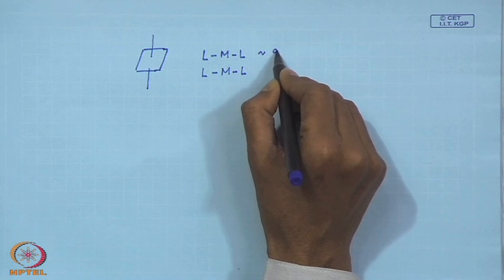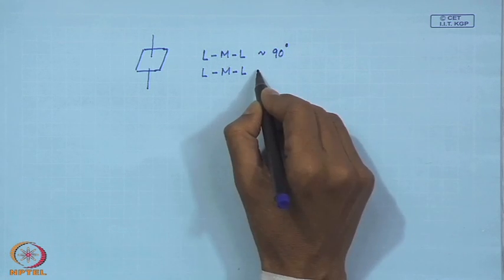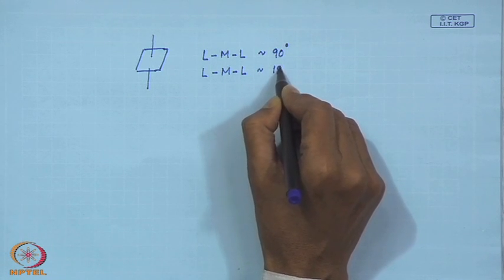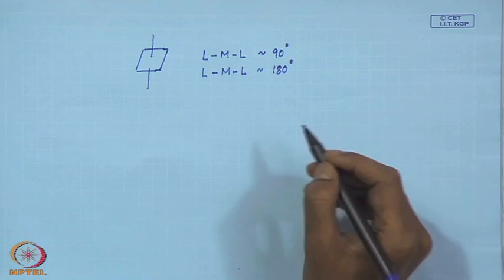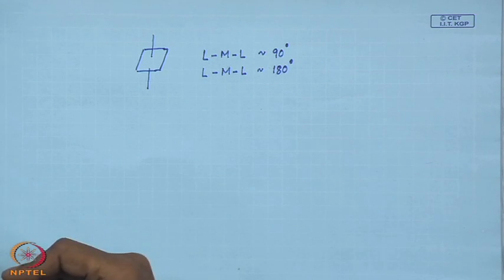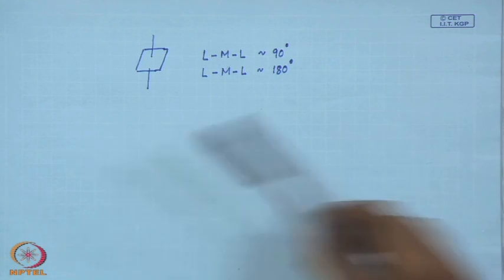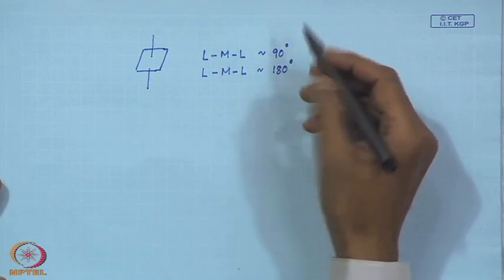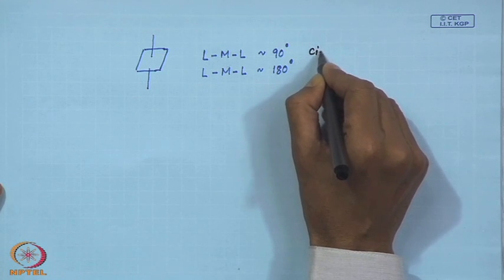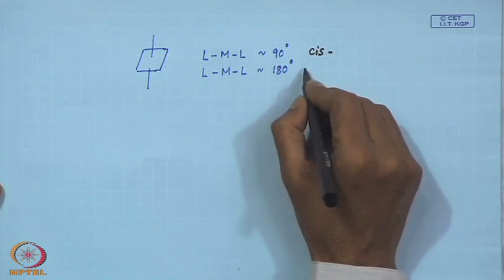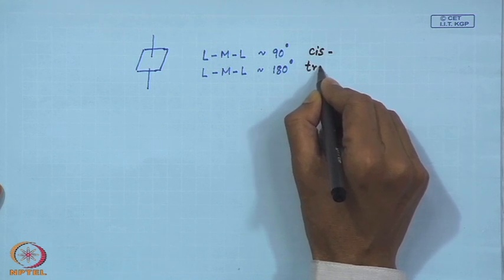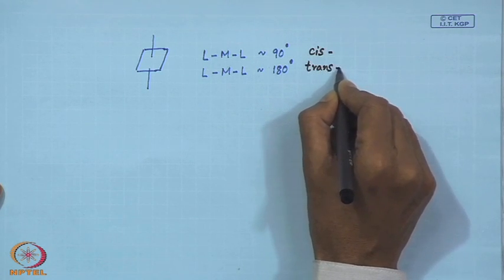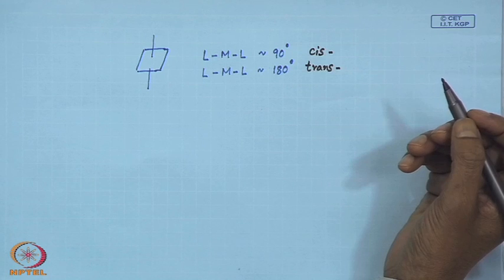One is close to 90 degrees and another is close to 180 degrees. If we consider these two types of angles as the cis angle and the other as the trans angle, that would be very easy to identify.